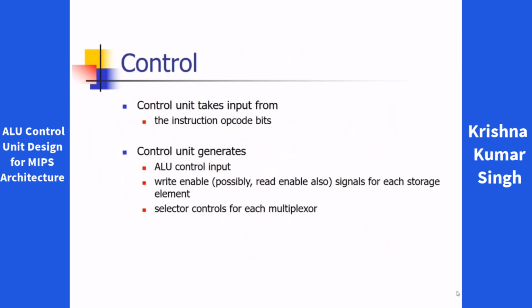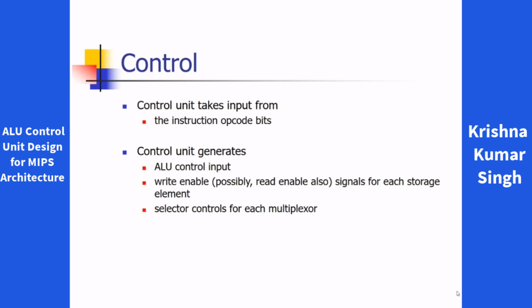Let's consider the control unit of this processor. The control unit is an essential part of the processor, and it manages the functionality of different components of the processor, such as the ALU, storage units, and multiplexers.